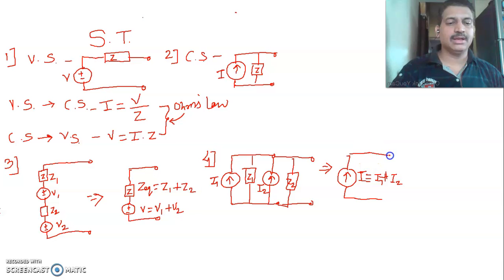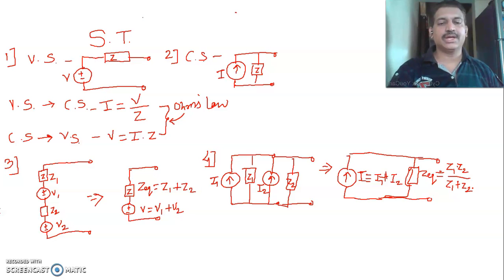Then these two impedances Z1 and Z2 again are parallel to each other. So it gives me a parallel combination of the impedances, which is Z equivalent. When impedances are in parallel, we know it is Z1 Z2 upon Z1 plus Z2.